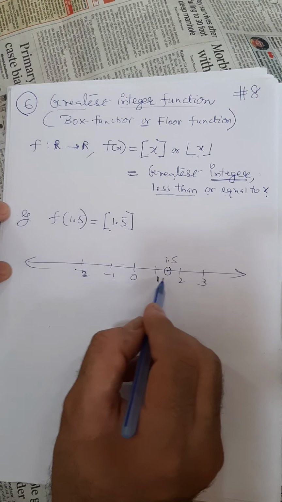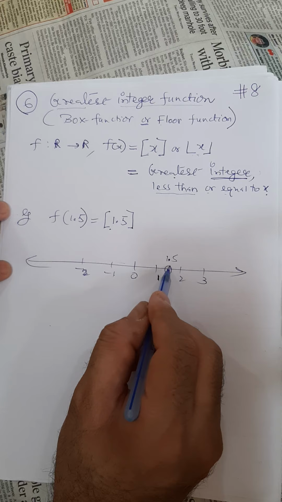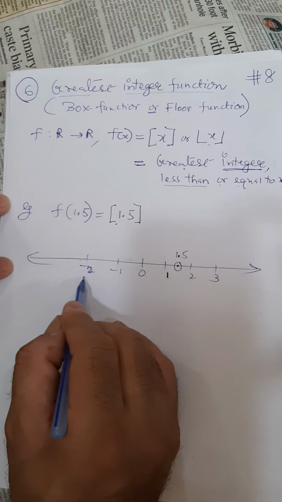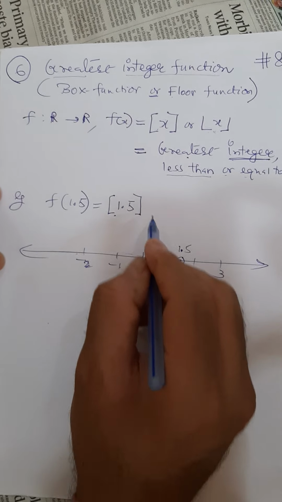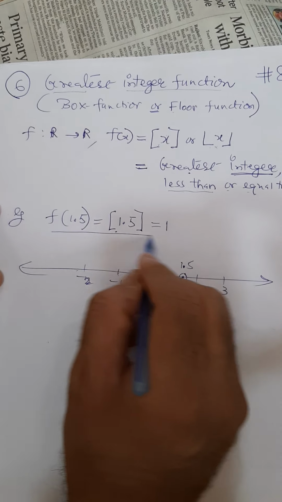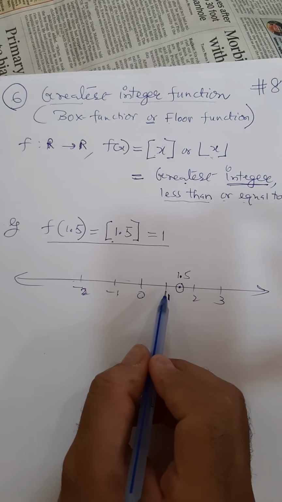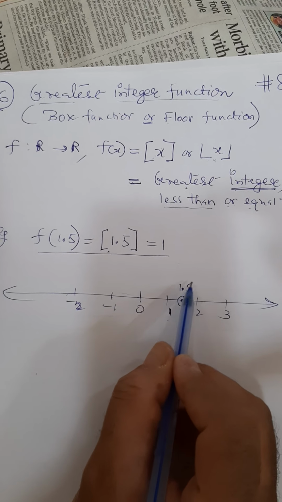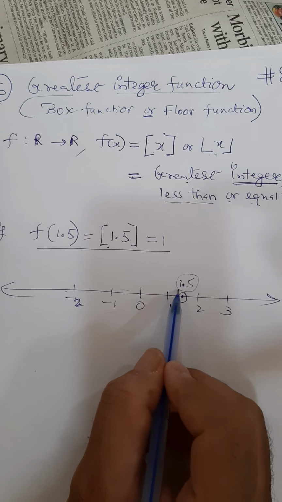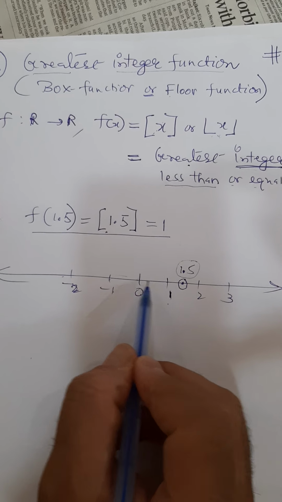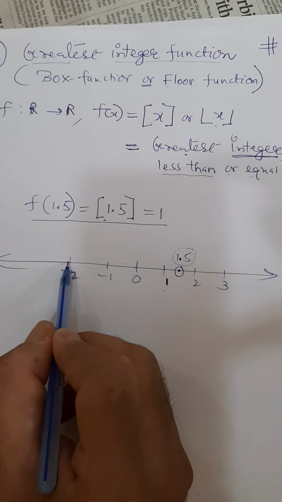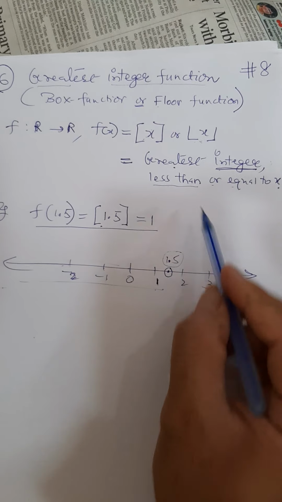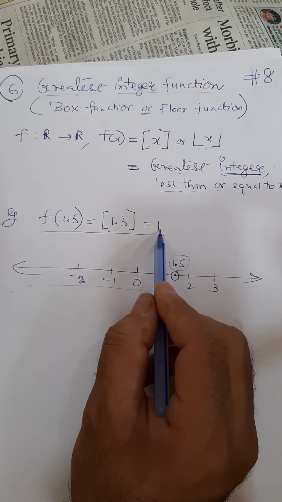Among all these integers, which is the largest integer? That is 1. So the answer is 1. I repeat what I did. You have 1.5 here. Get all integers less than this. Integers, remember. So 1, 0, -1, -2. But these are infinitely many integers. Among all these, which is the greatest? That is 1. So 1.